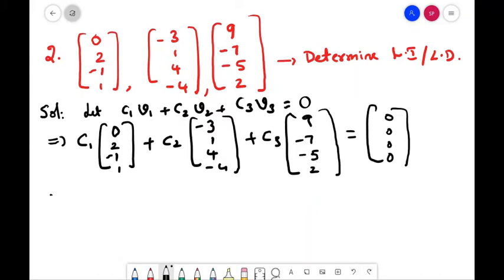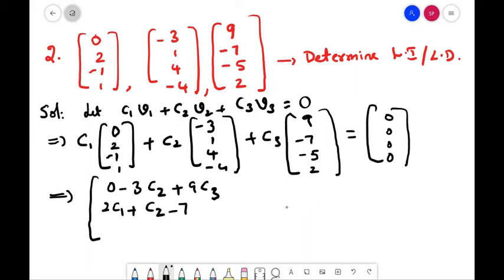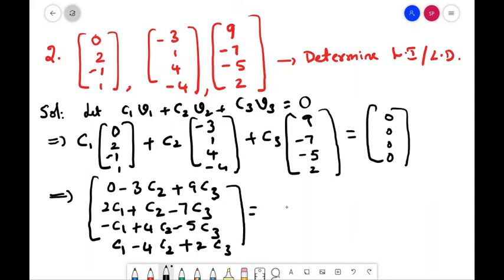Now if you write them as equations, you will get C1 into 0 is 0, minus 3 times C2 plus 9 times C3, and the next one is 2C1 plus C2 minus 7C3, and the next one is minus C1 plus 4C2 minus 5C3, and then C1 minus 4C2 plus 2C3, equal to 0, 0, 0, 0.